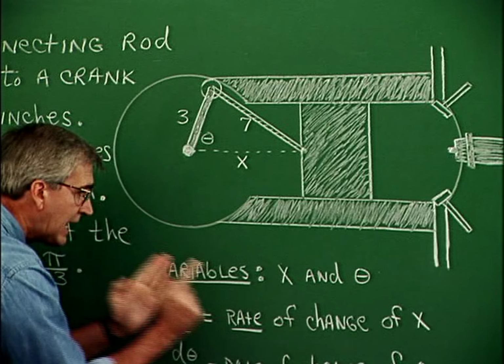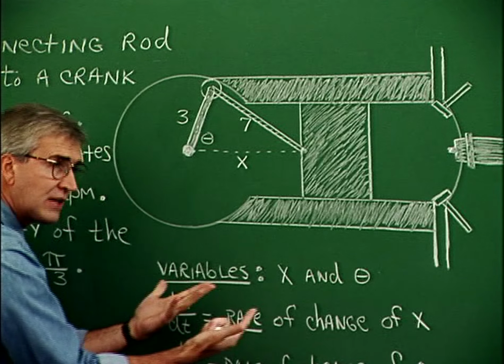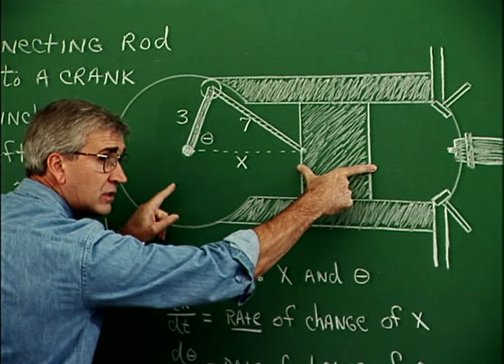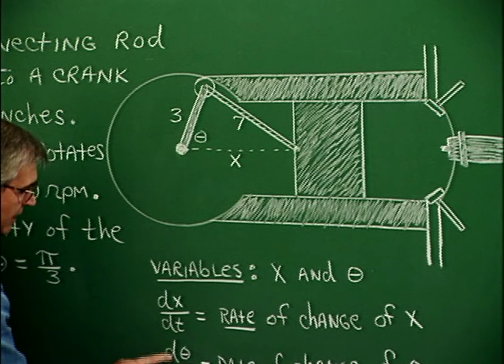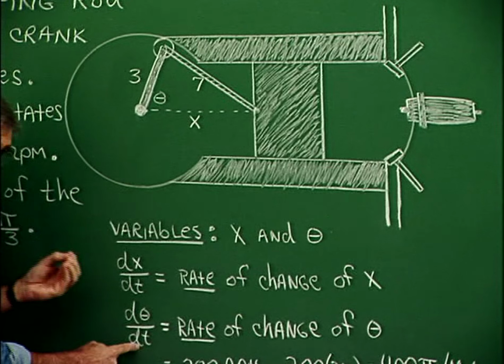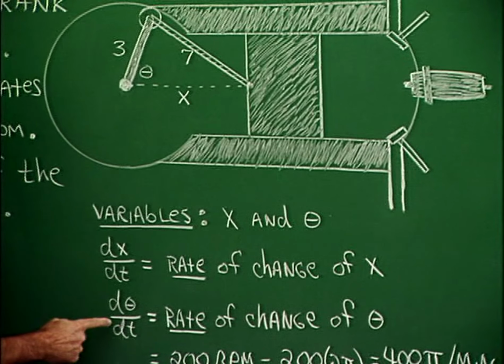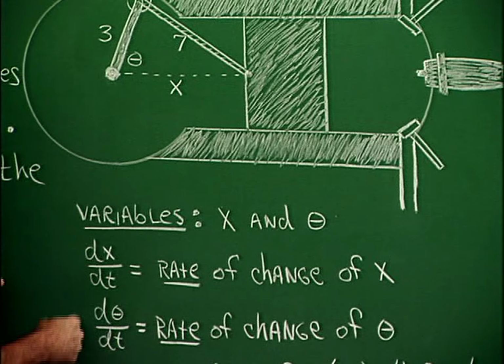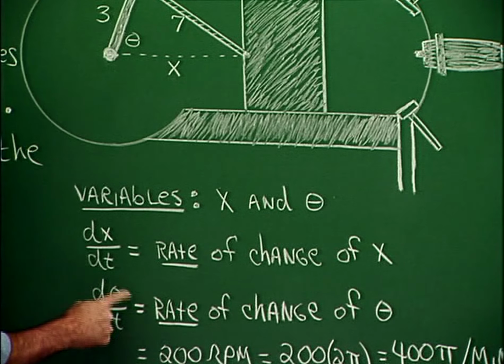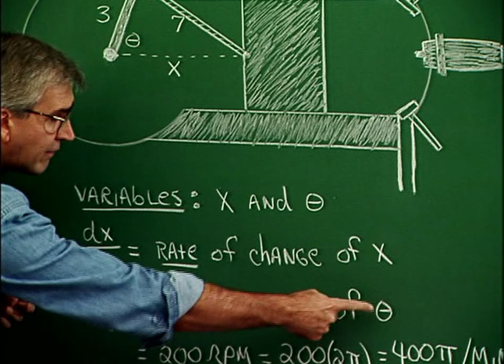And that instantaneous rate of change of x is the velocity of that piston. So that's what we're looking for in this problem. The d theta/dt is going to crop up in our differentiation process in a minute. But this is also an instantaneous rate of change, and it's the instantaneous rate of change of the angle theta.